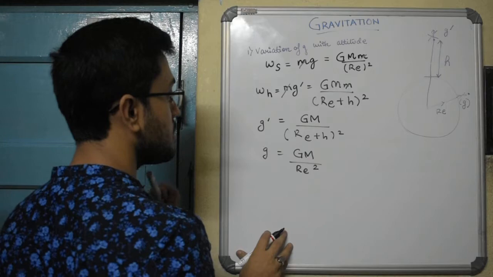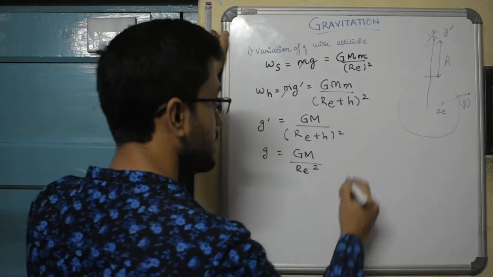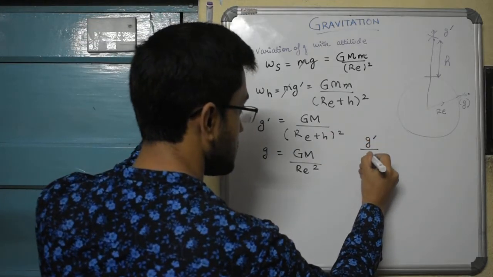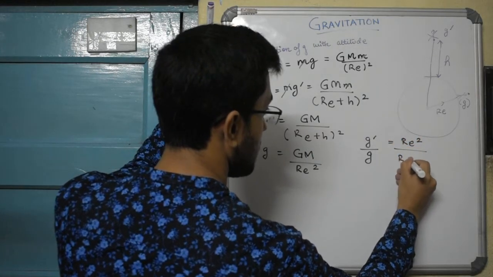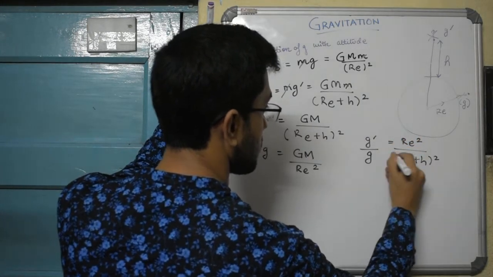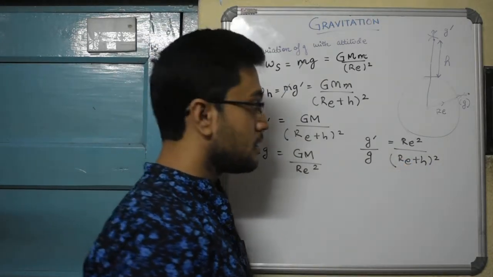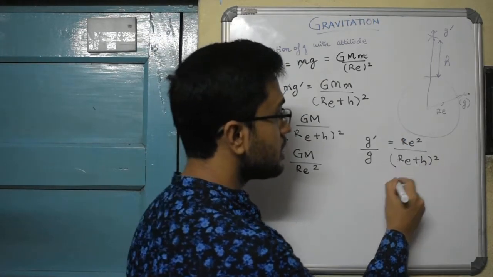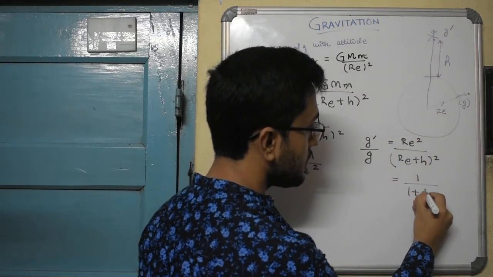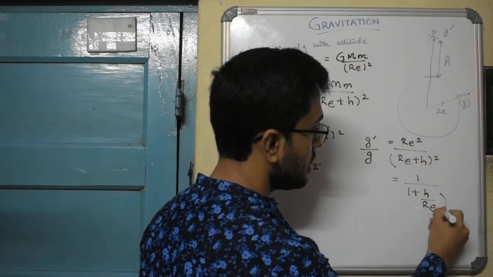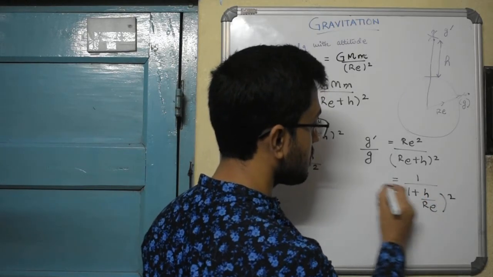Now if I take the ratio of g dash to g, it becomes radius of earth square divided by radius of earth plus height whole square. Dividing numerator and denominator by radius of earth square, I get 1 divided by 1 plus h divided by RE whole square.